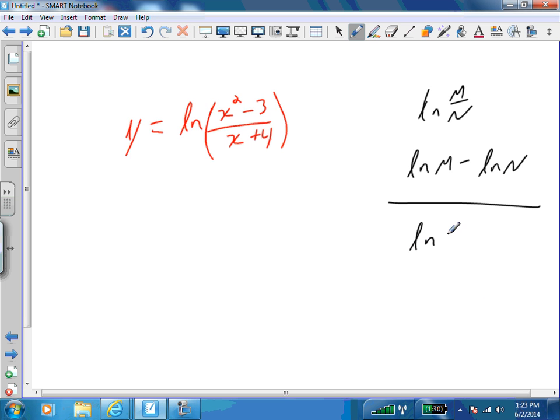If we have log of a product, we can write that as log of the first factor plus log of the second factor. If we have log of something to a power, we can bring that exponent out front.